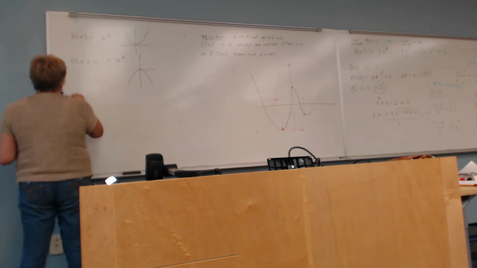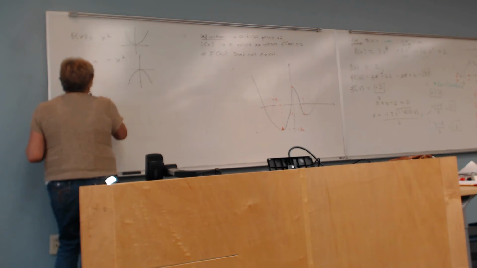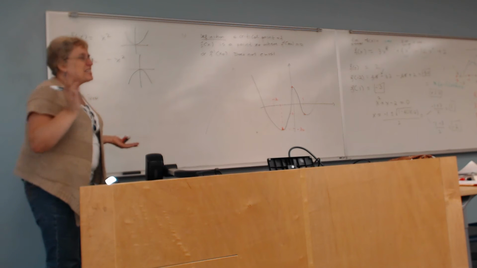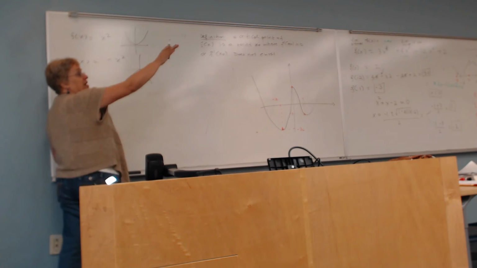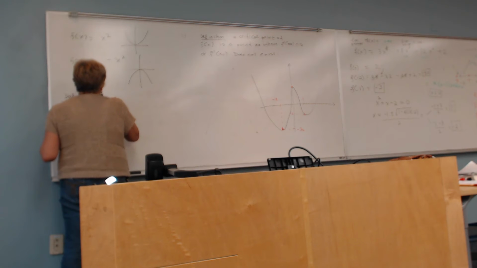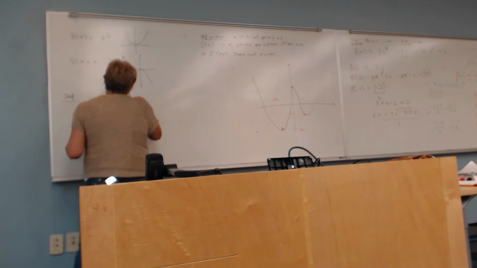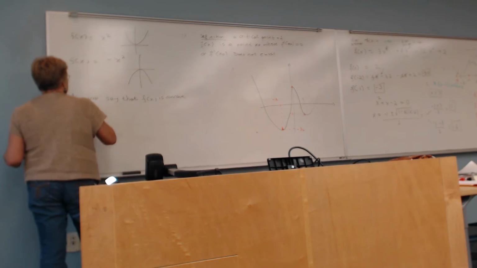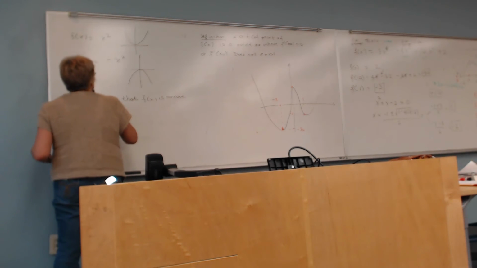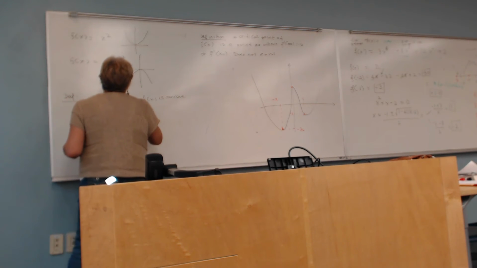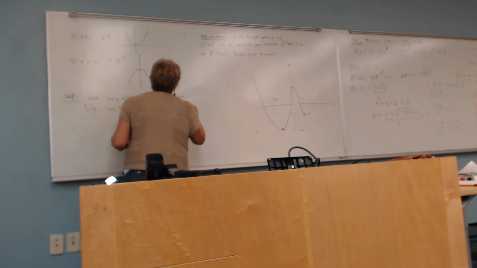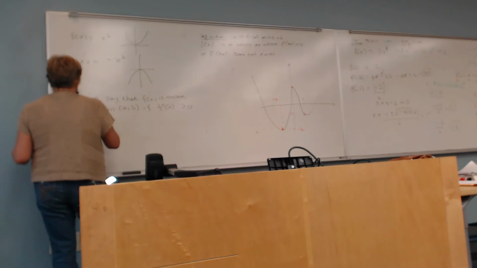The book uses a slightly different definition. It says that the first derivative is increasing, but I want to go straight to the definition that you can use. So we say that f of x is concave up in the interval AB if the second derivative of f is positive in AB.